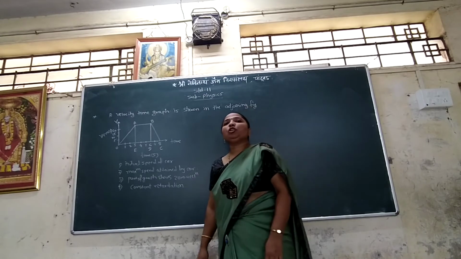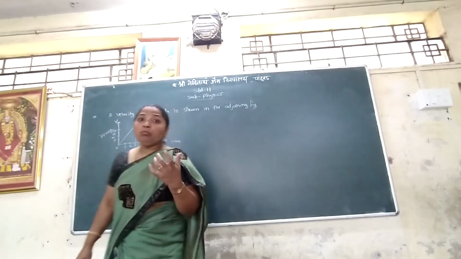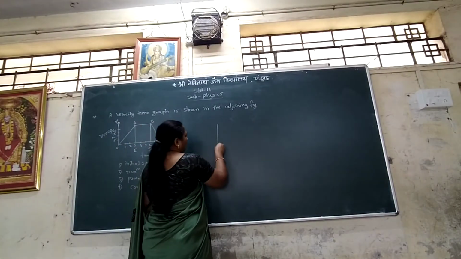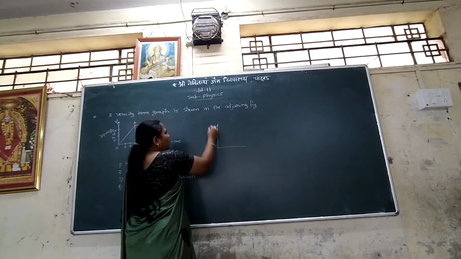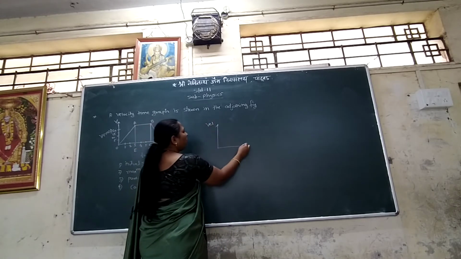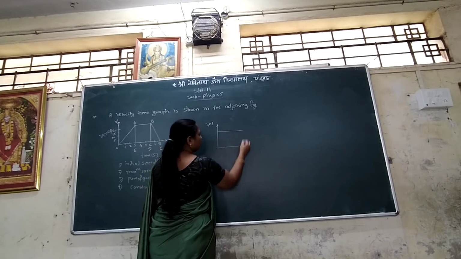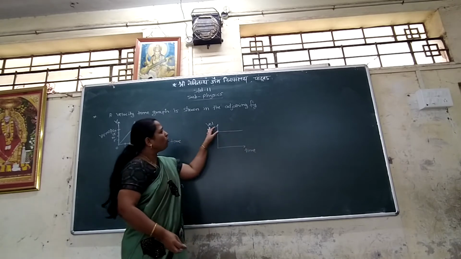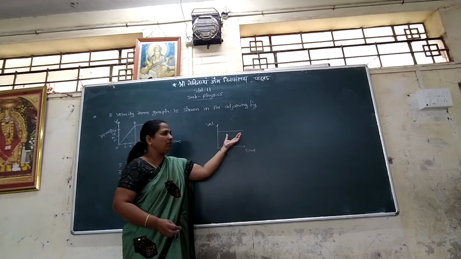First, the velocity time graph. Uniform means the same velocity. When the object moves with a constant velocity, the graph can be shown like that.